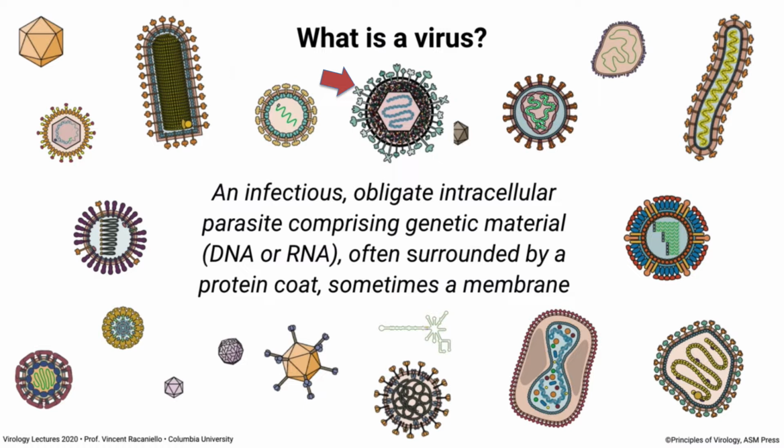So when you see a cartoon like this, you should assume, especially because it comes from Dr. Racaniello's lab, that it is all entirely accurate and scientifically valid, and that the different structures you see are all representing something very specific to the best of the ability of the author. Later, I'm going to show you actual pictures from various types of microscopes and also other drawings from other artists, and we're going to go through them.